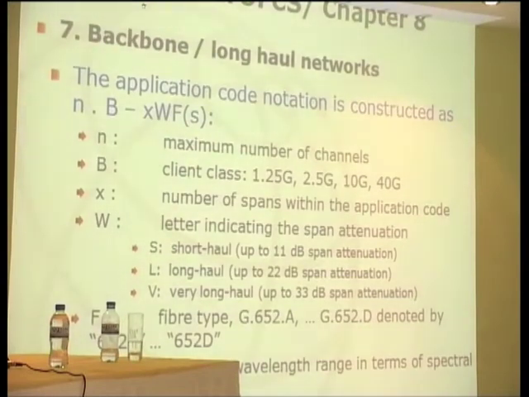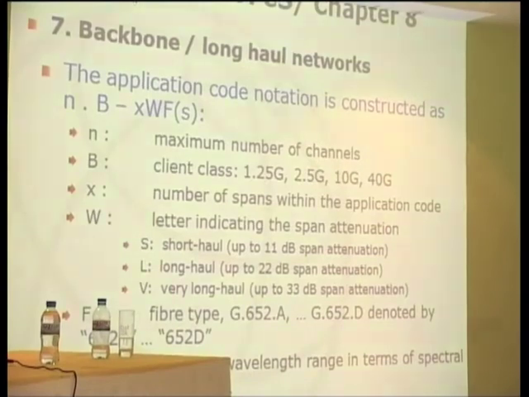Then we have the W letter, which means it's a short haul application or a very long haul application, 33 dB. After that comes the fiber, which can be 652A, 652D, and so on. And afterwards, between brackets, the operating wavelength range in terms of spectral band. Now we have the classification of spectral bands.